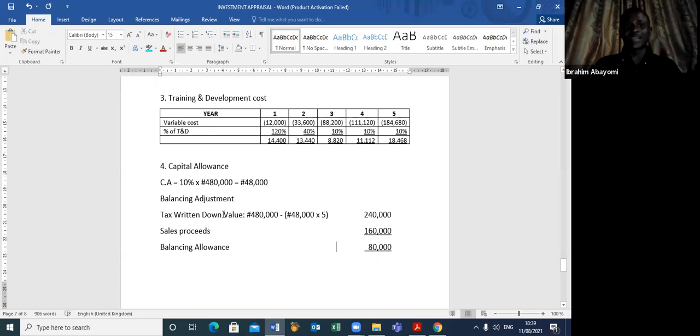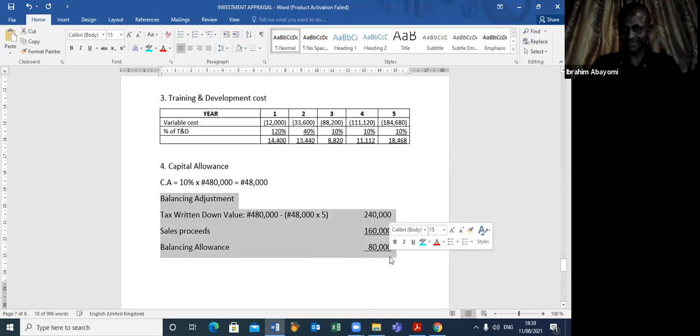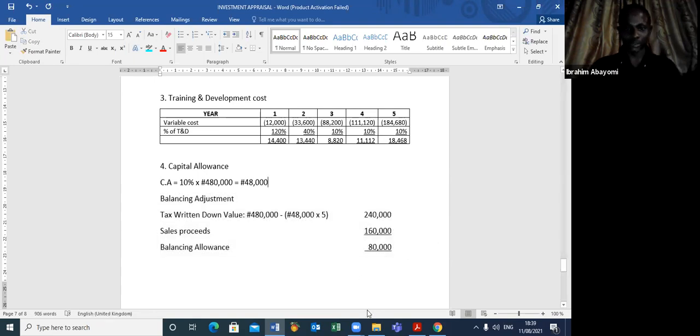Now, there is a situation where I will not compute balancing adjustments. Okay, take note. There is a situation whereby I will compute only capital allowance. I will not compute balancing adjustment. What is that situation?